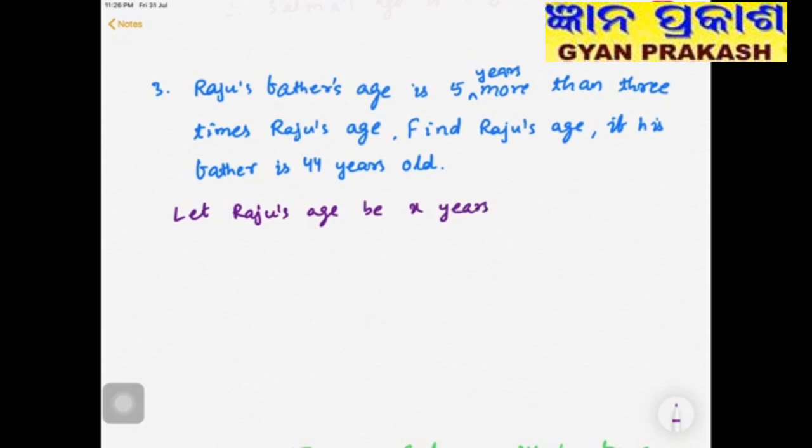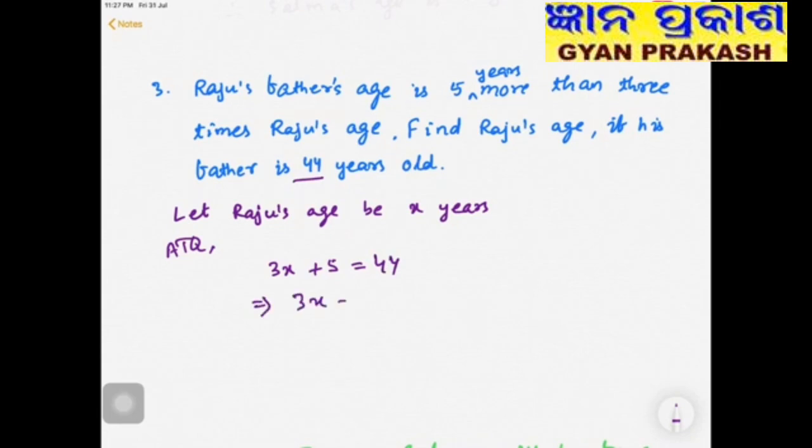Raju's father's age is 5 years more than, that means we have to add 5. To whom? Then 3 times Raju's age. That means 3x. So 3x plus 5, it becomes, and father's age is 44. So it is 44. Now we have got the equation.